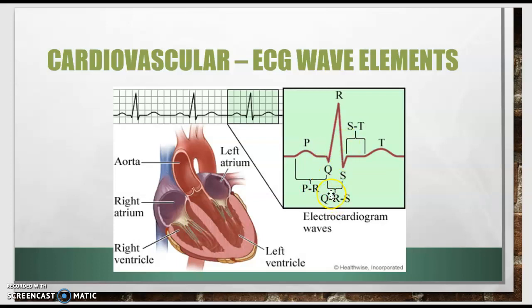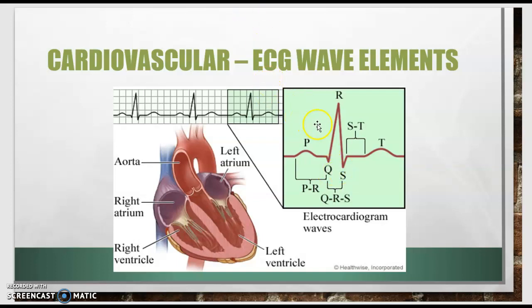And then you also have your QRS, and we're going to be measuring that as well. So you will need to know your PR interval, your QRS interval, and then you will also be looking at your P waves and your QRS waves to make sure that they look similar and are they present, etc.